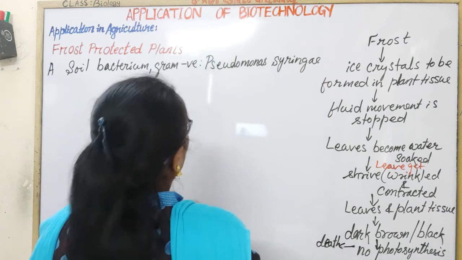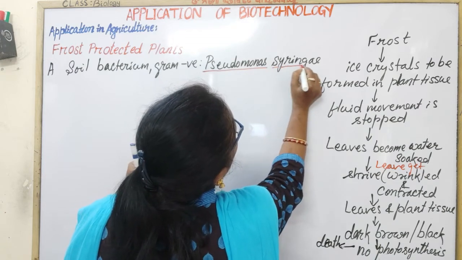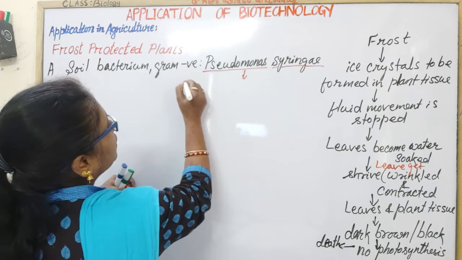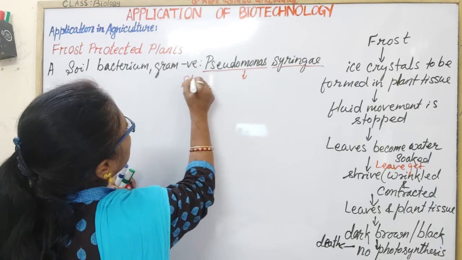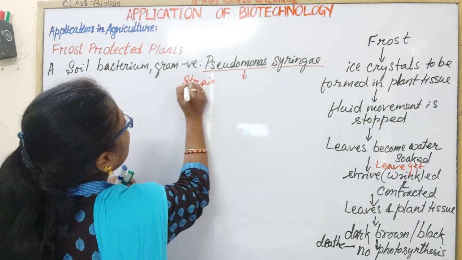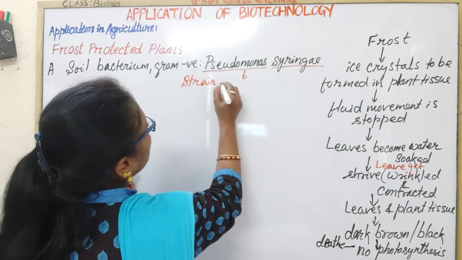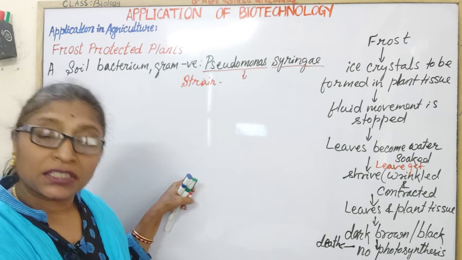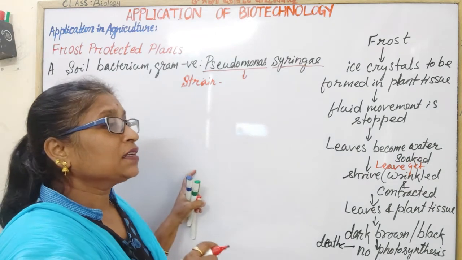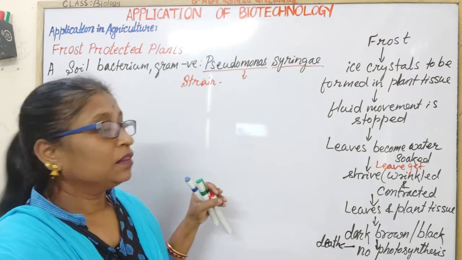These bacteria have a strain, that is a gene. The strain of the gene is called the ice plus gene, or INA, which produces the ice nucleation active protein.